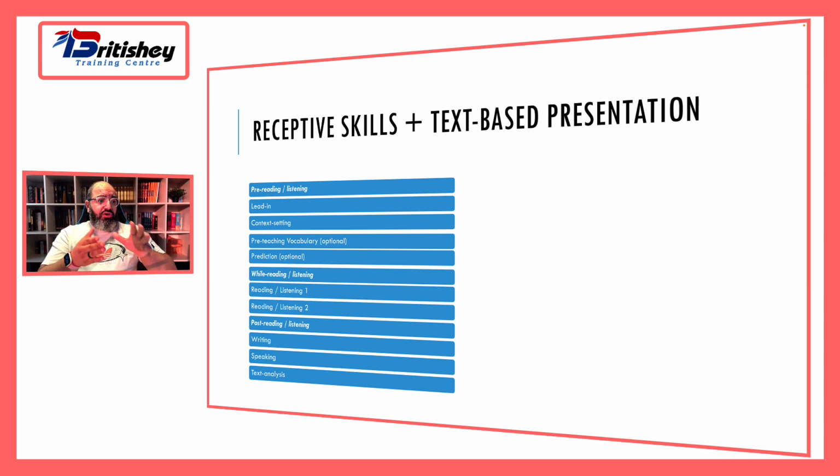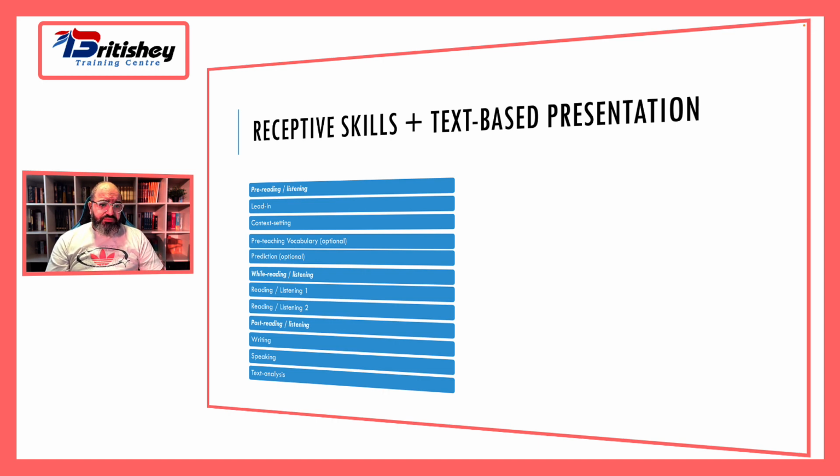Then we have the second block, while reading or listening: reading or listening 1, reading or listening 2. These two stages are about different reading or listening sub-skills. Then we have the third block, which is post-reading or listening, and we have 3 options here. We can choose one of them: writing, speaking, or text analysis. So this is what we call the receptive skills framework.